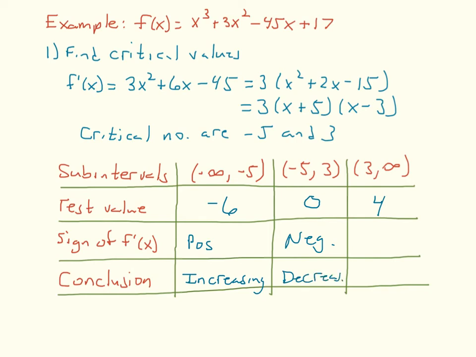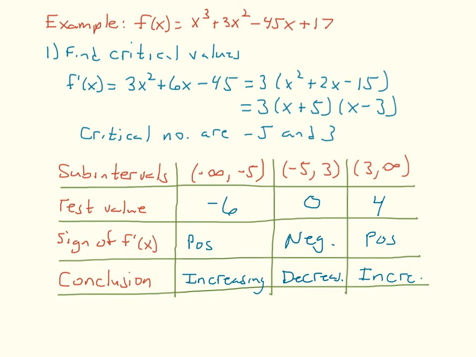Then when I put 4 in for x, that will be a positive 3 times 9 times 1. So I get a positive times a positive times a positive, and I know I'm going to get a positive result. So it's increasing from 3 to infinity.